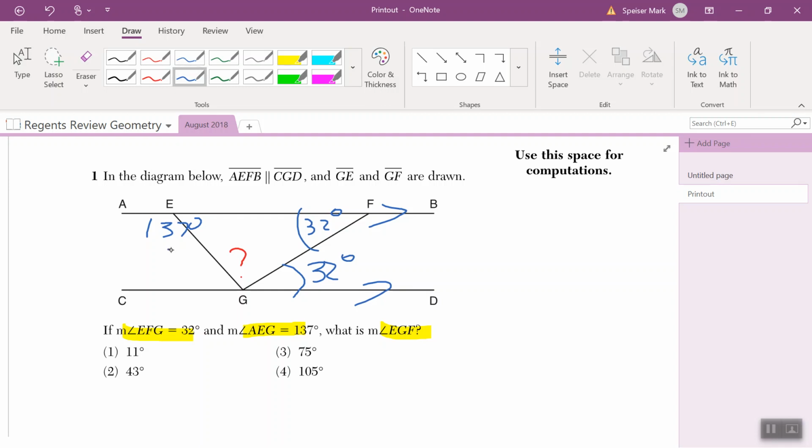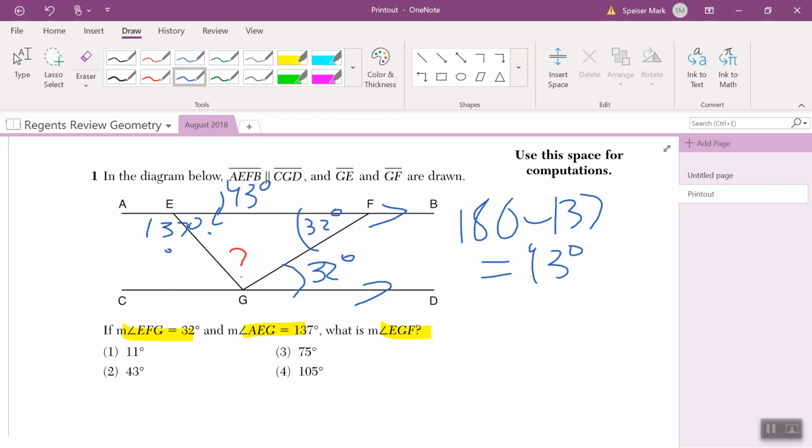This angle is 180. So 180 take away 137 is 43 degrees. This angle right here is 43 degrees.